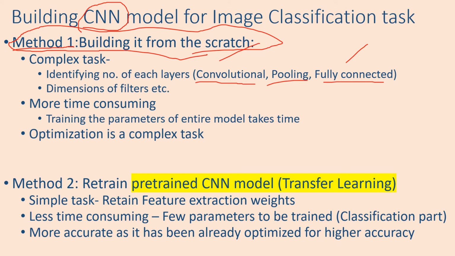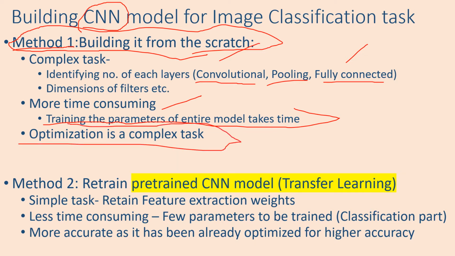Since the number of parameters is large, it takes more time for training. So training the parameters of the entire model takes more time. And the next thing is optimization is a very complex task. Getting high accuracy is very difficult unless you have an optimum number of layers, etc.